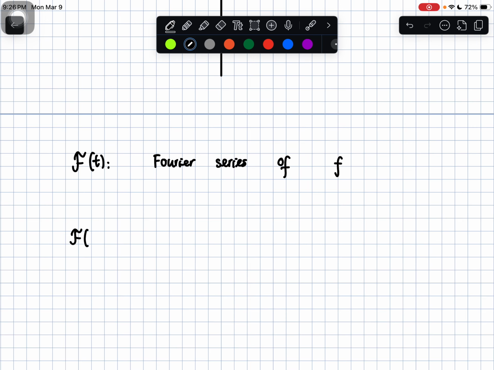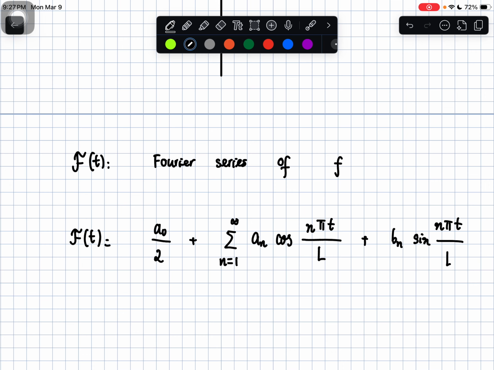The Fourier series of small f is a0 over 2 plus the summation from n equals 1 to infinity of an cosine(n pi t over l) plus bn sine(n pi t over l).